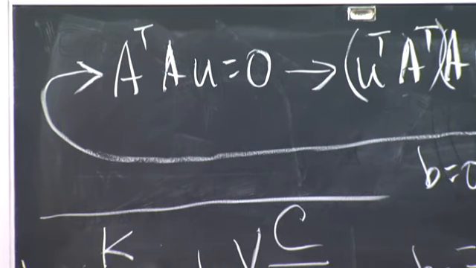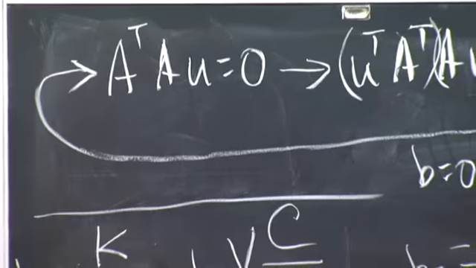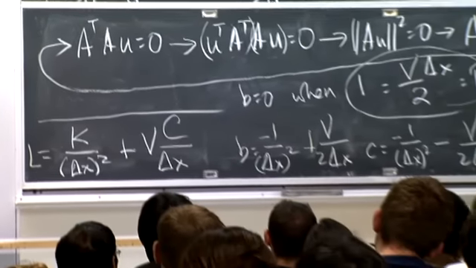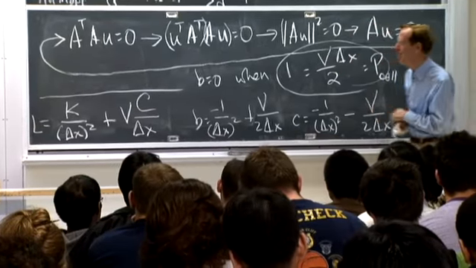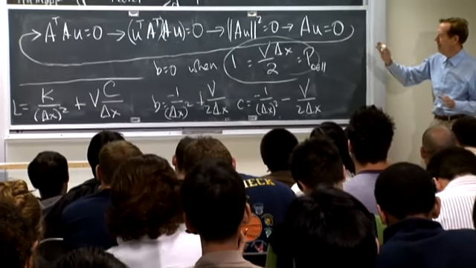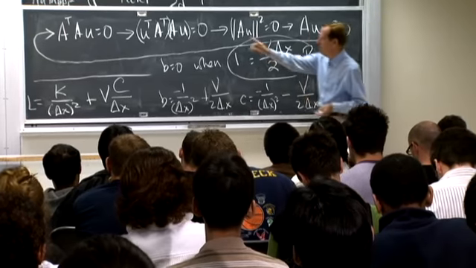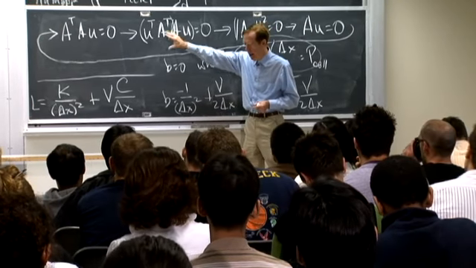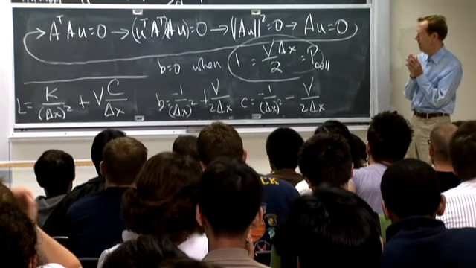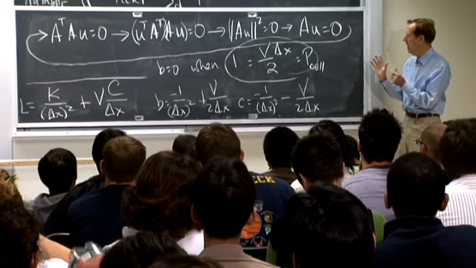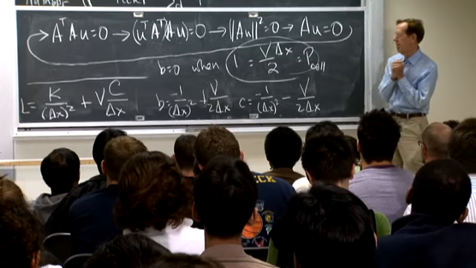Actually, I thought of that line when I was swimming this morning. Just to see once again, A transpose AU equals 0 is the bad thing we hope we don't deal with. And when does it happen? It happens when AU is 0.